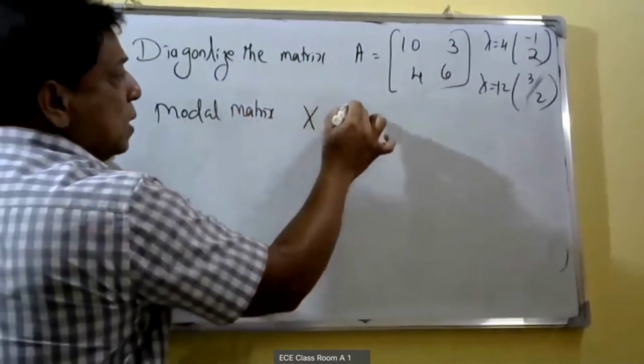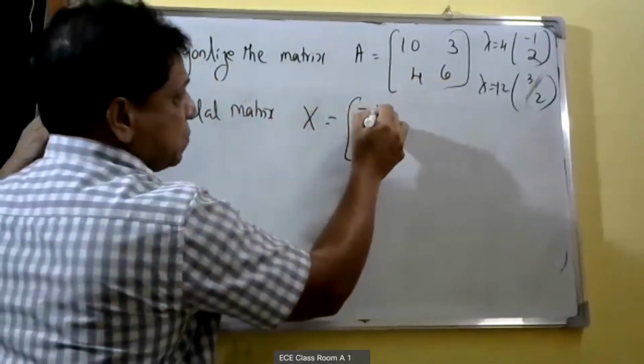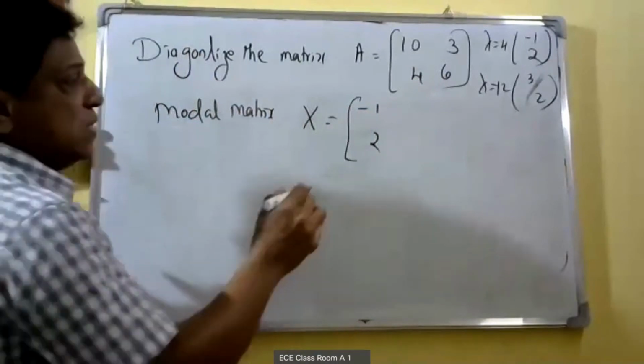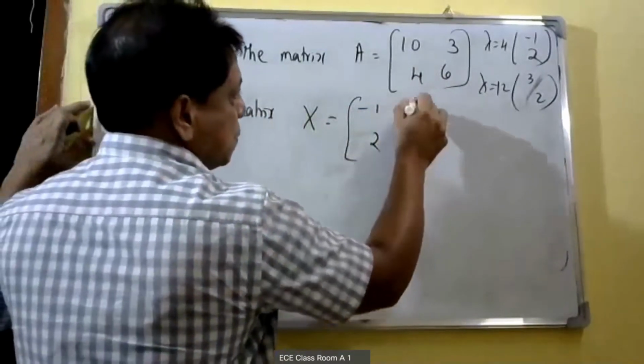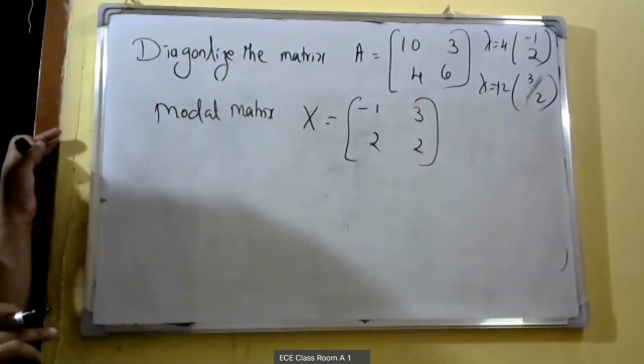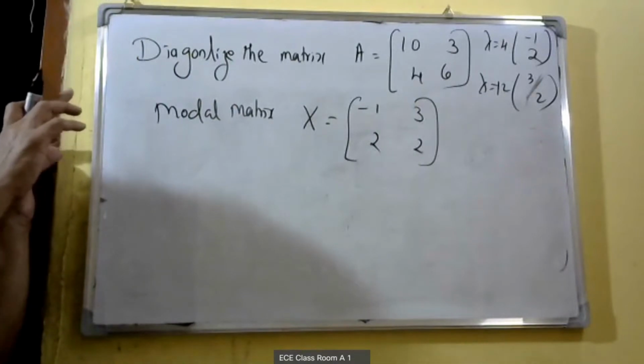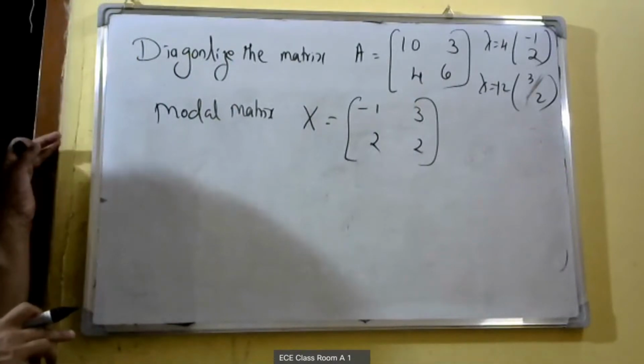X is equal to [minus 1, 3; 2, 2], where [minus 1, 2] is the first eigenvector and [3, 2] is the second eigenvector.